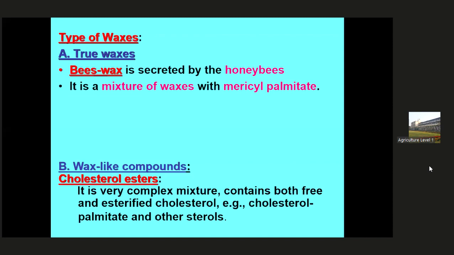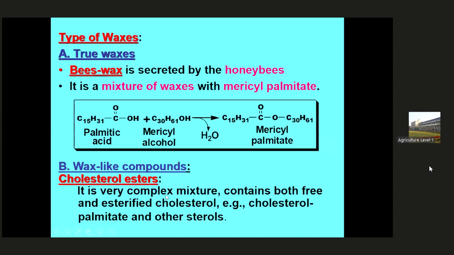So the ester linkage between the myricyl alcohol and the palmitic acid will not be broken down by the intestinal lipase enzyme. You observe here the carbon number is 30. Monohydric alcohol means one hydroxyl group only. If this hydroxyl group is linked with this carboxyl group, then myricyl palmitate is produced, and this ester linkage is incapable of being broken down by you.